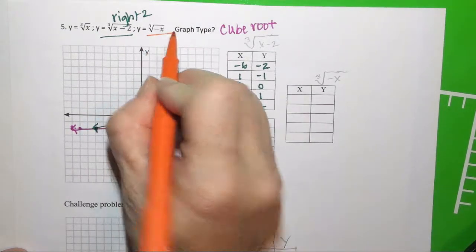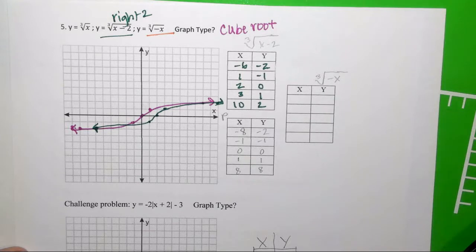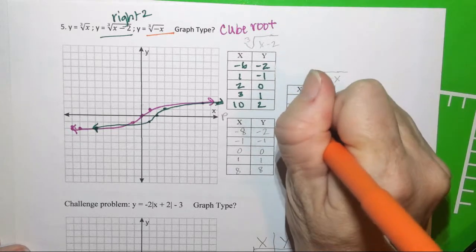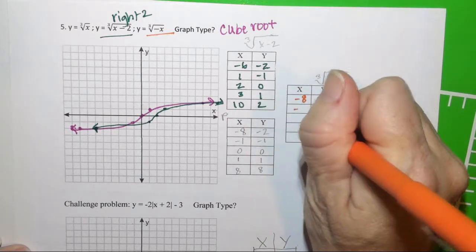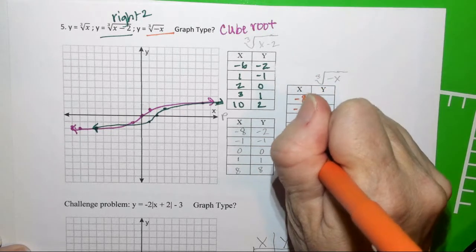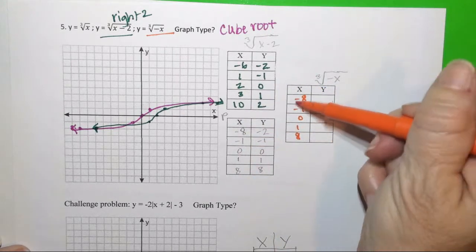Okay, and our last one is a cube root of -x. On this one, we can go back to our regular group of parent functions and t-table values. So be careful on your signs here.